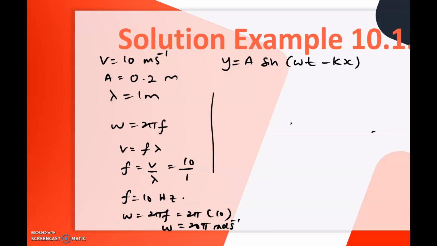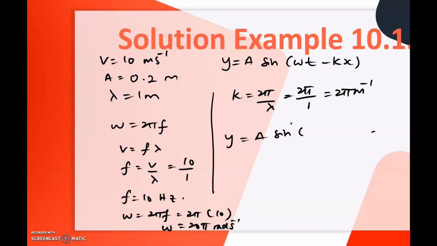Then you have to find the wave number, where the wave number k is equal to 2 pi over lambda. So 2 pi over 1, so we have 2 pi per meter. Now substitute into the equation with omega t minus kx.